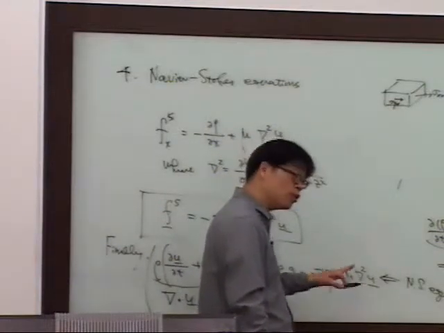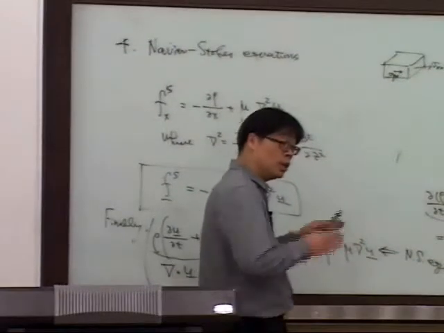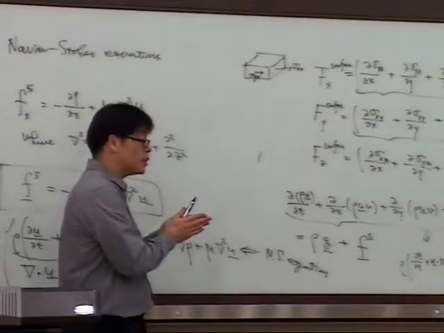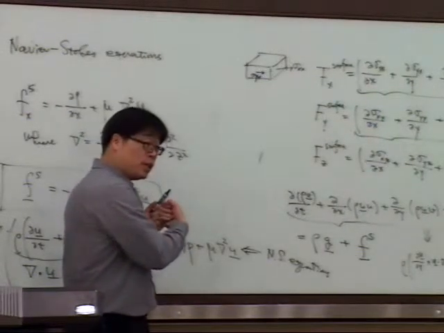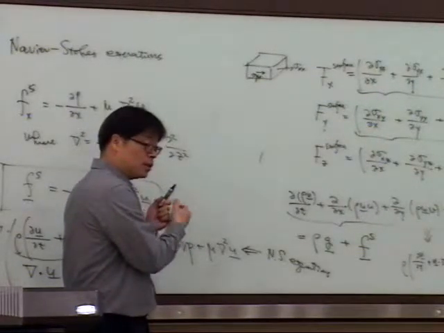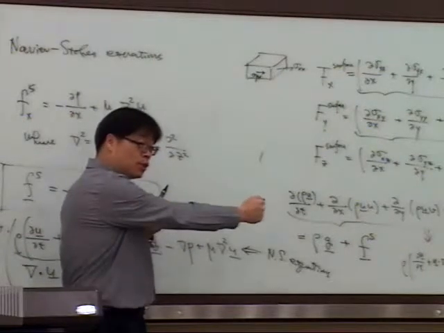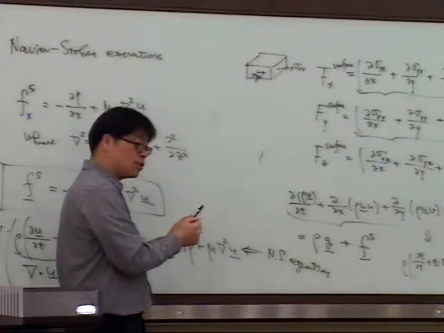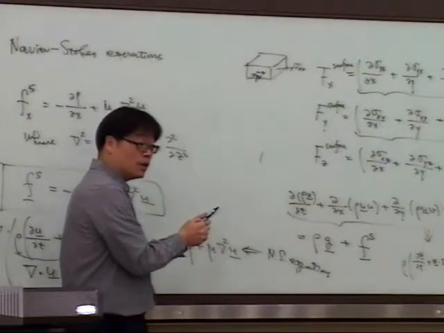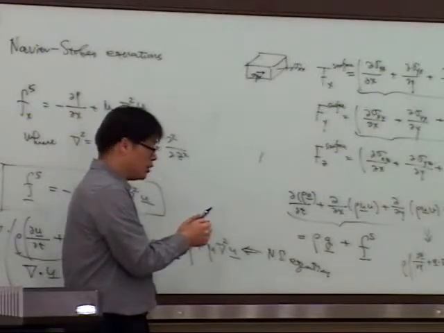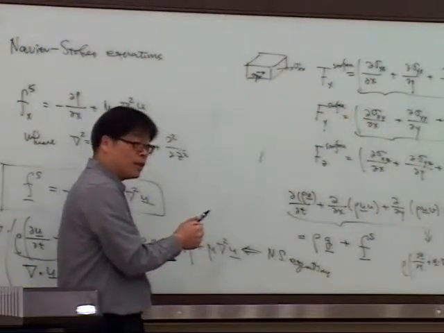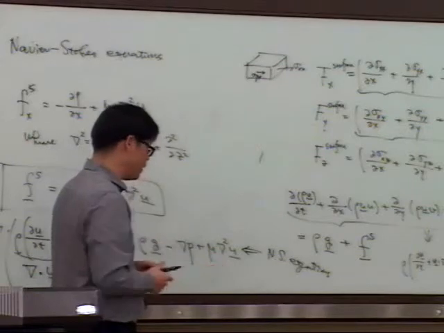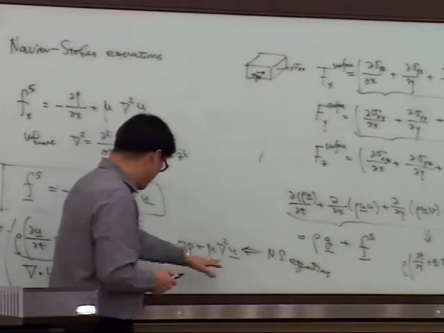And the surface force has two components. One is the normal stress, and the other is the tangential stress. Normal stress is either due to pressure, the resistance to stretching, and the tangential stress is resistance due to the relative motion. Fluid resists deformation, so you have to apply force to overcome that resistance. That's why you have those.